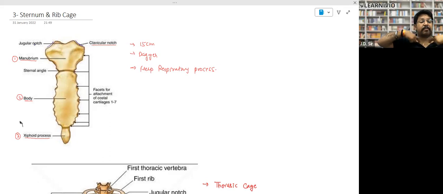This clavicle remains placed over here. That's why this is called the clavicle notch, where the clavicle gets placed. And then the lower part is the manubrium, body, and xiphoid process, right? It is 15 centimeters long, dagger-shaped, and helps in the respiratory process.